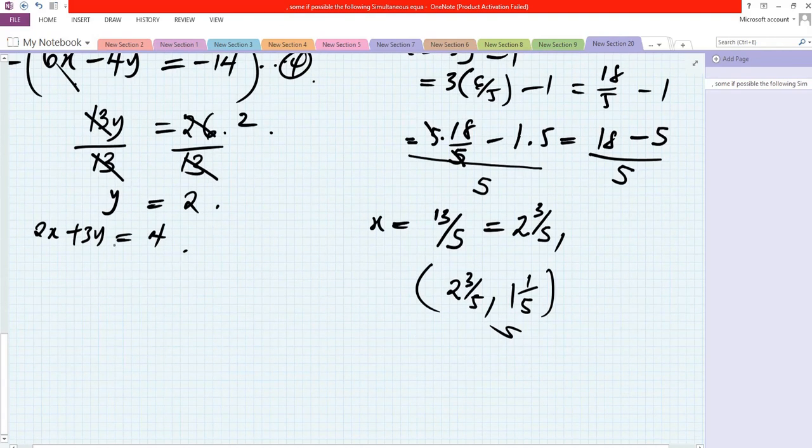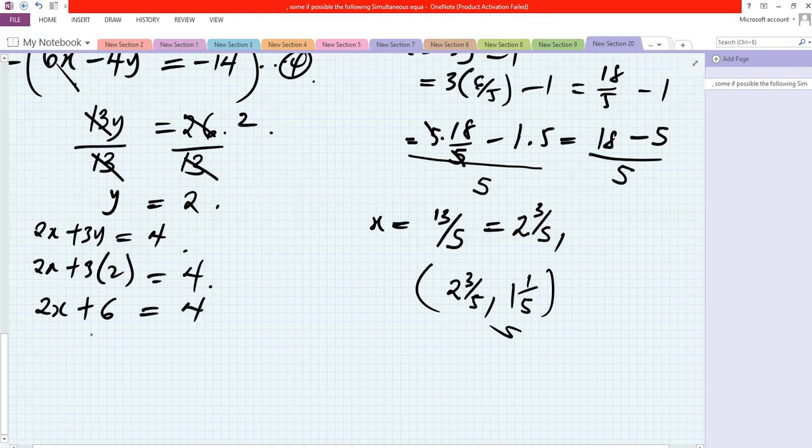So substituting y equal to 2, anywhere we see y, we'll replace it with 2. So you have 2x plus 3 times 2 equal to 4. So this is 2x plus 6 equal to 4. So to remove plus 6, we add minus 6 to both sides.